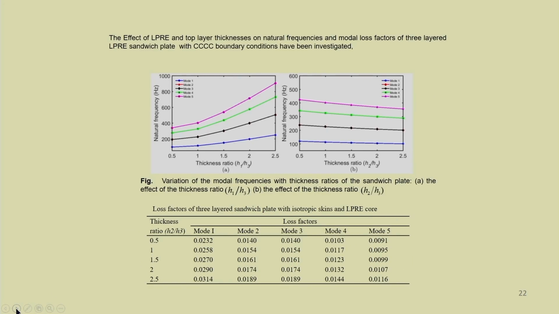Now you can see how the natural frequency is varying with different thickness ratios, H1 by H3, that is the top and bottom layer, and H2 by H3, that is the core material to the bottom layer. That way it can be studied.